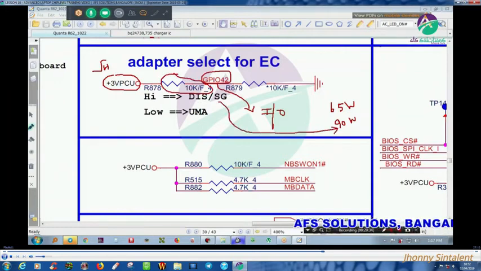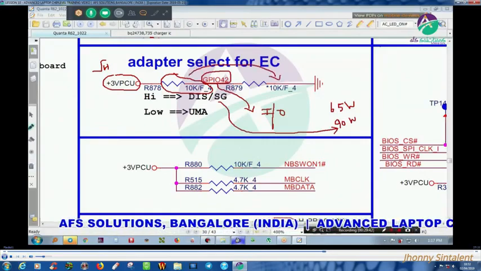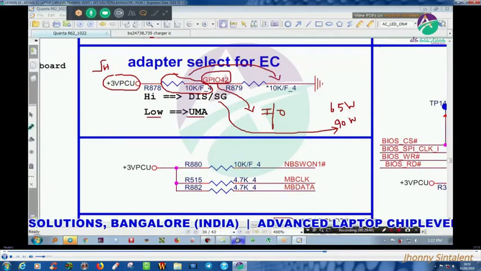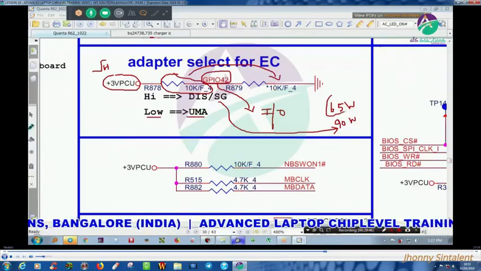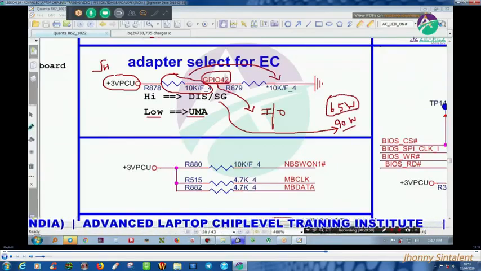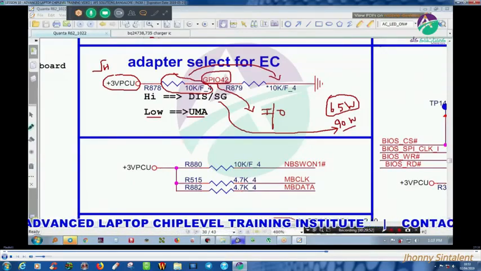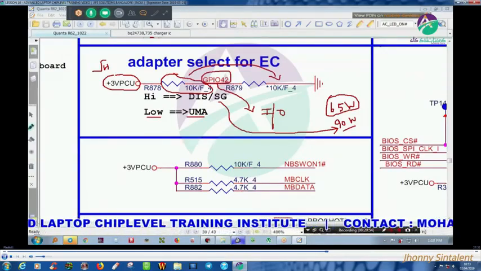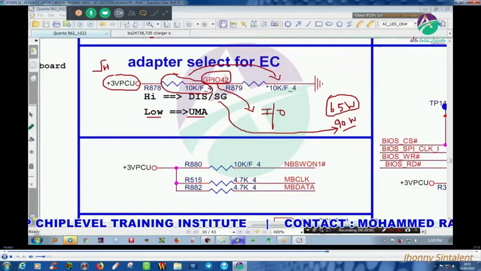If the same resistor is shifted to ground, this will identify low, that means UMA, a 65 watt adapter. Why 90 watts? If I have a graphic machine, the adapter must be 90 watt.